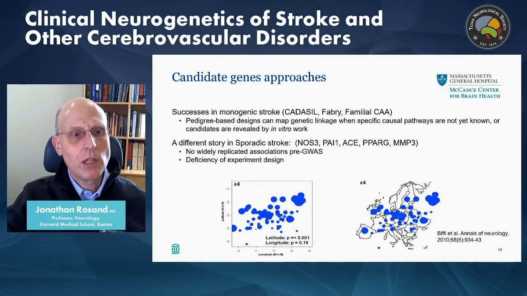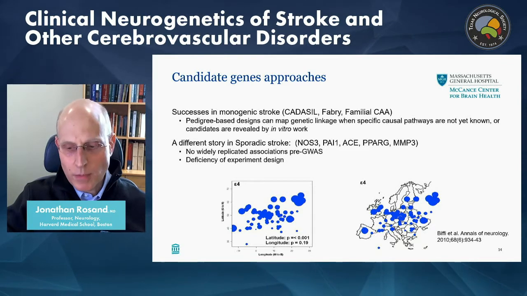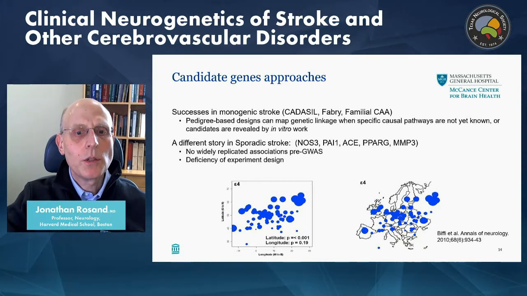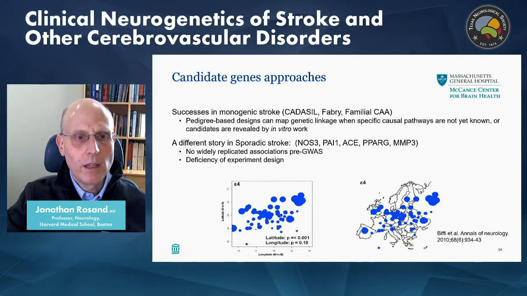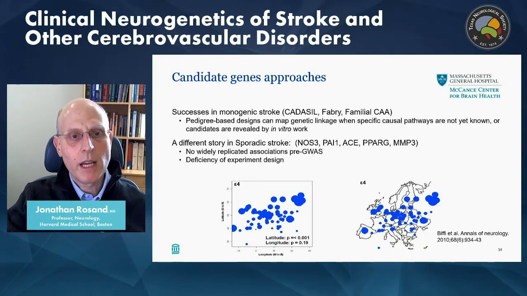And until genome-wide assessment became possible, you couldn't really control for ancestry. And so there were tons and tons of false positive results, and probably equal numbers of false negatives. But the candidate gene studies basically were never replicated.